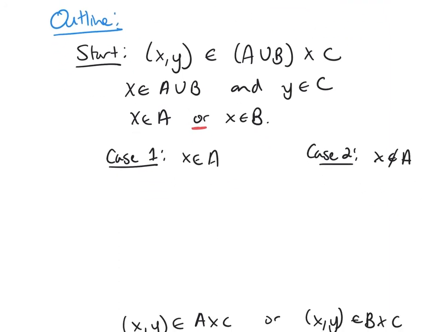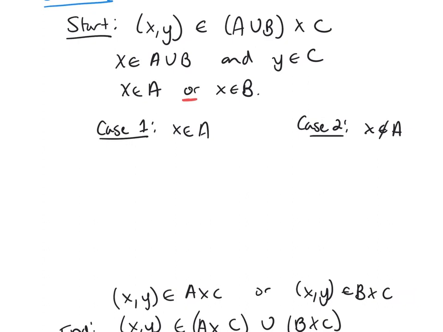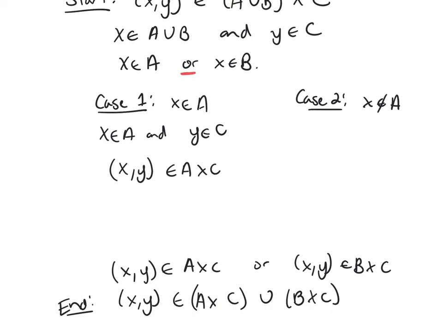So if x is in A, well, we have that x is in A and y is in C. That means my ordered pair xy is in A cross C, and that's one of the two things I needed to get to.